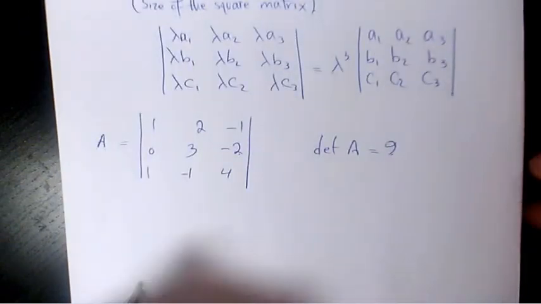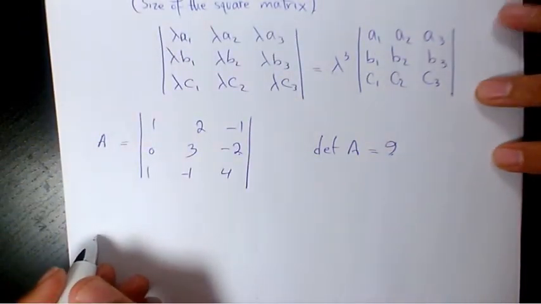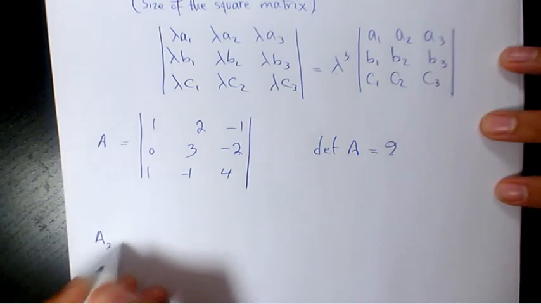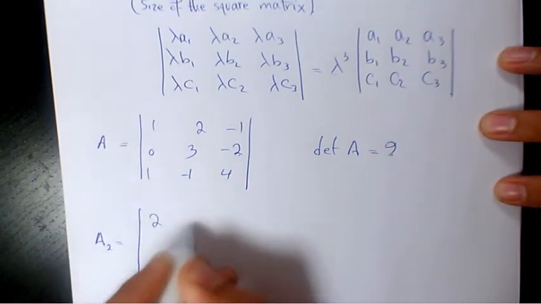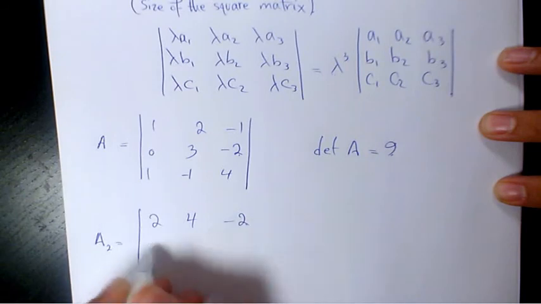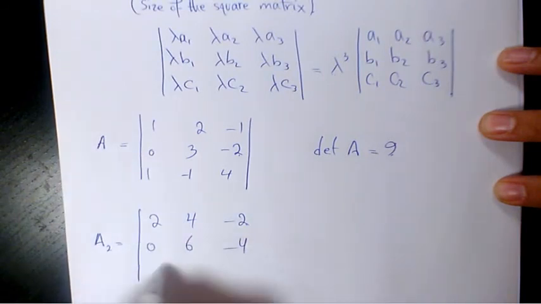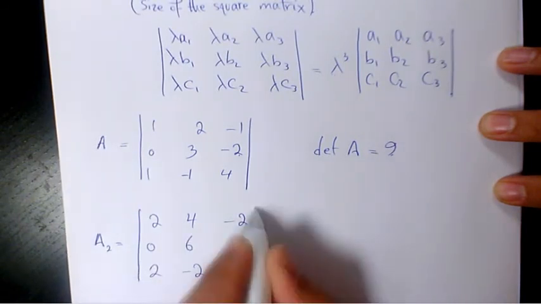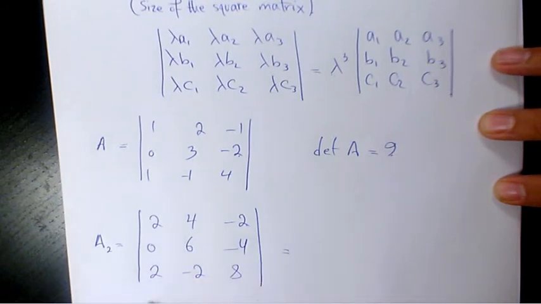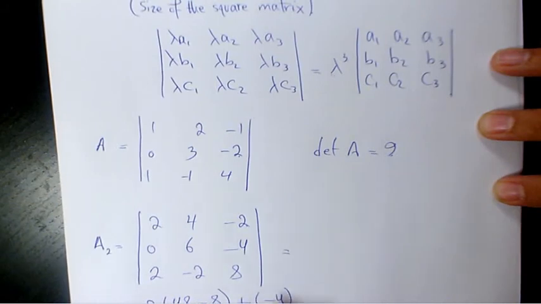Now, if we basically multiply all the elements by 2, I'm going to say A2 is going to be 2, 4, negative 2, 0, 6, negative 4, 2, negative 2, 8. That's going to be 2 times 48 minus 8, negative 4 times positive 8, negative 2 times negative 12.